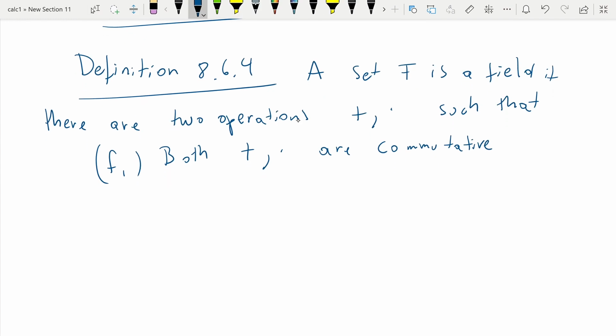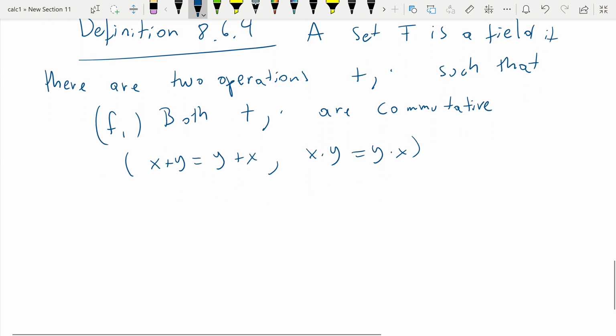And so that means x plus y is equal to y plus x, and that x times y is equal to y times x.